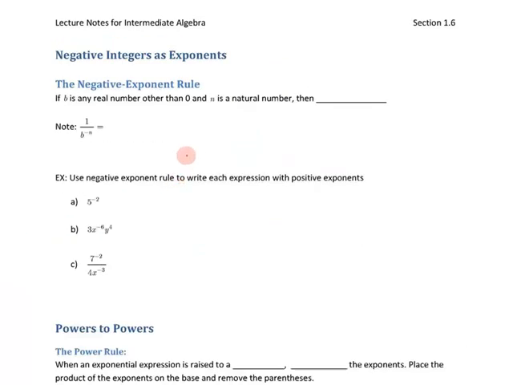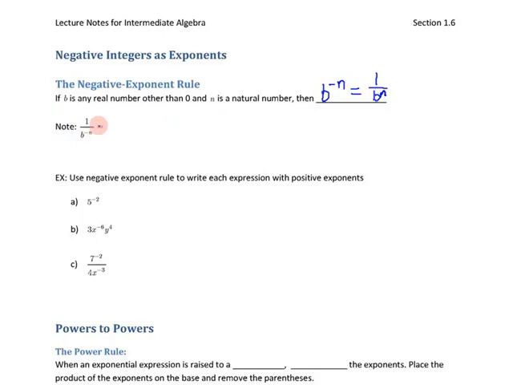The negative exponent rule. It says that if b is any number other than 0 and n is a natural number, then raising b to a negative number is the same thing as dividing 1 by b to that positive number. B to the minus n is 1 over b to the n.